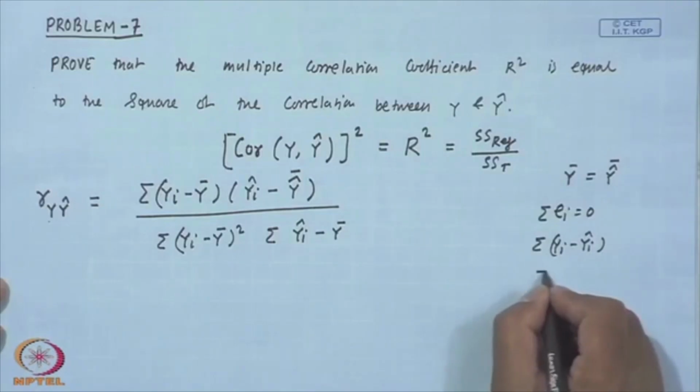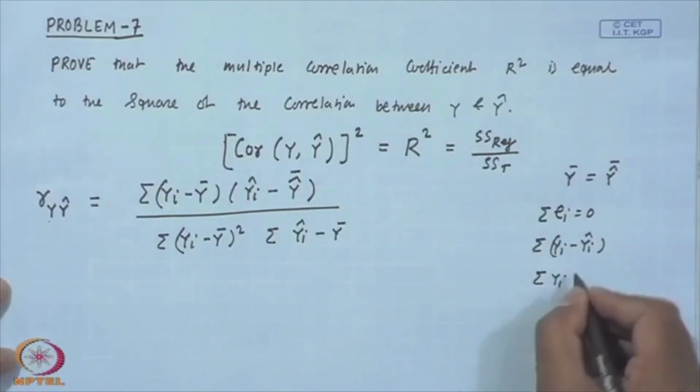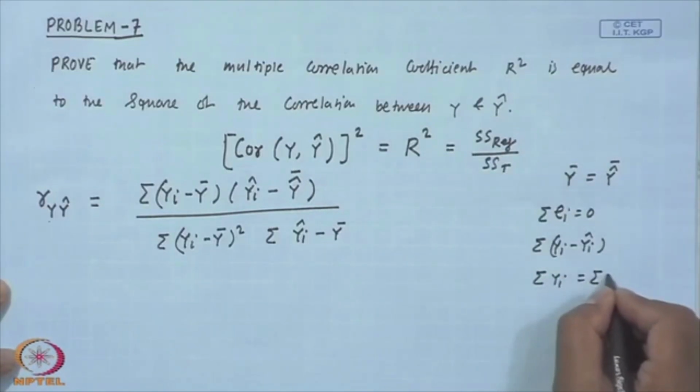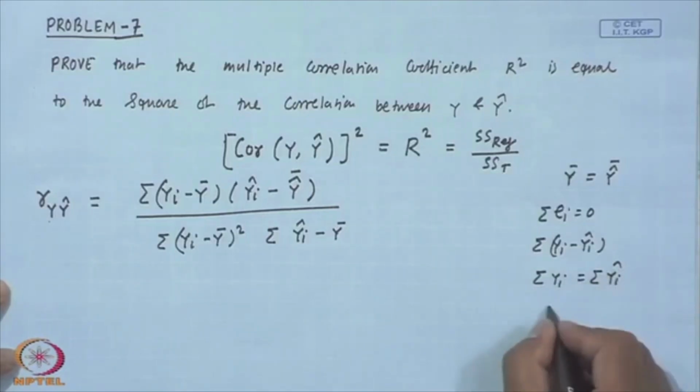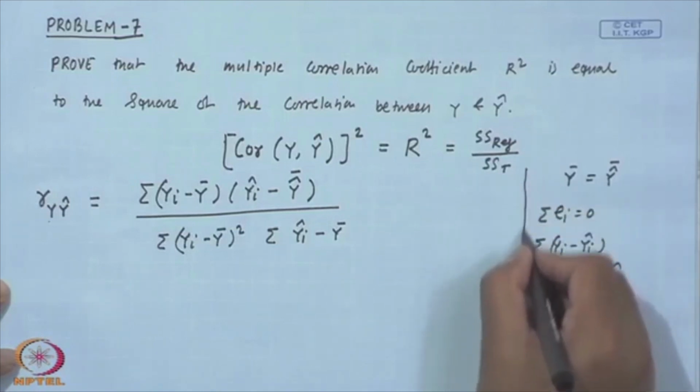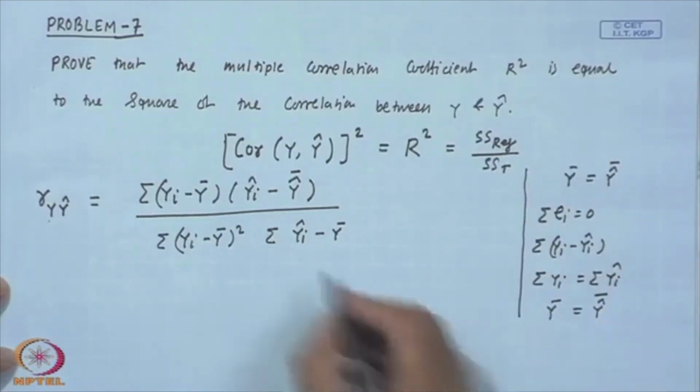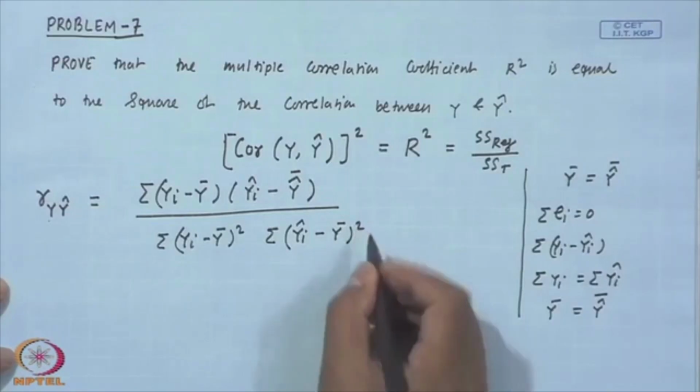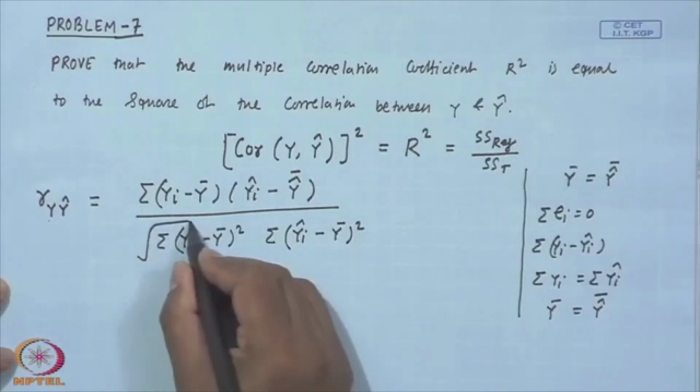So, this says that summation y I is equal to summation y I hat, and of course, y bar is equal to y hat bar anyway.